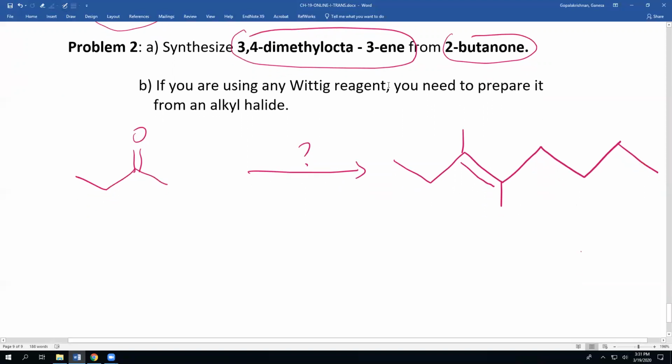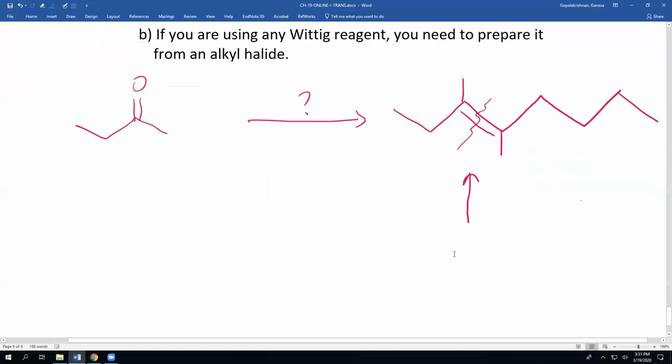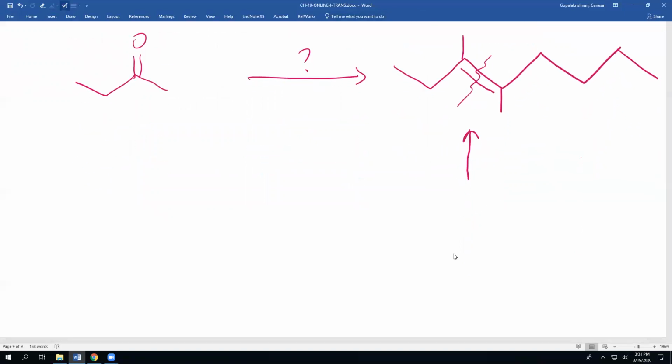So we have to use the Wittig reaction. Just look at the precursors for this. If you break it in imagination, you're not breaking it actually. So you need this and this side.